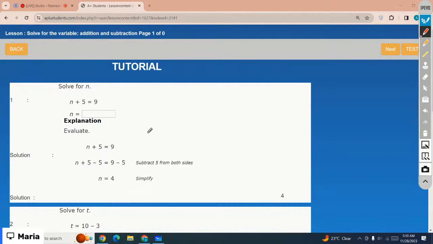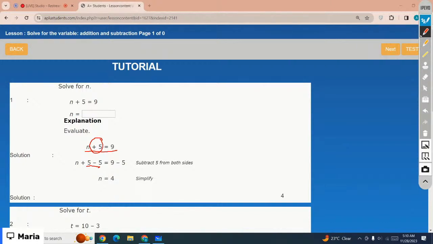n plus 5 equals 9, but 5 is added to n. How do we undo this operation? Undo means you have to do the reverse, the opposite of this operation. You need to remove that positive 5 from here, so you need to subtract 5. Because 5 minus 5 makes 0. But that is an equation. Whatever operation you perform on one side, you have to keep the equation balanced.